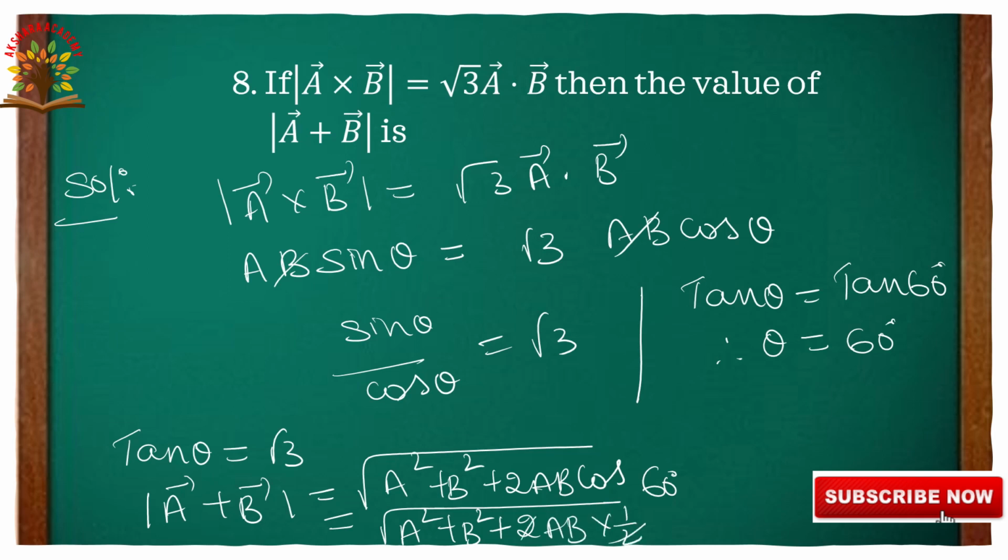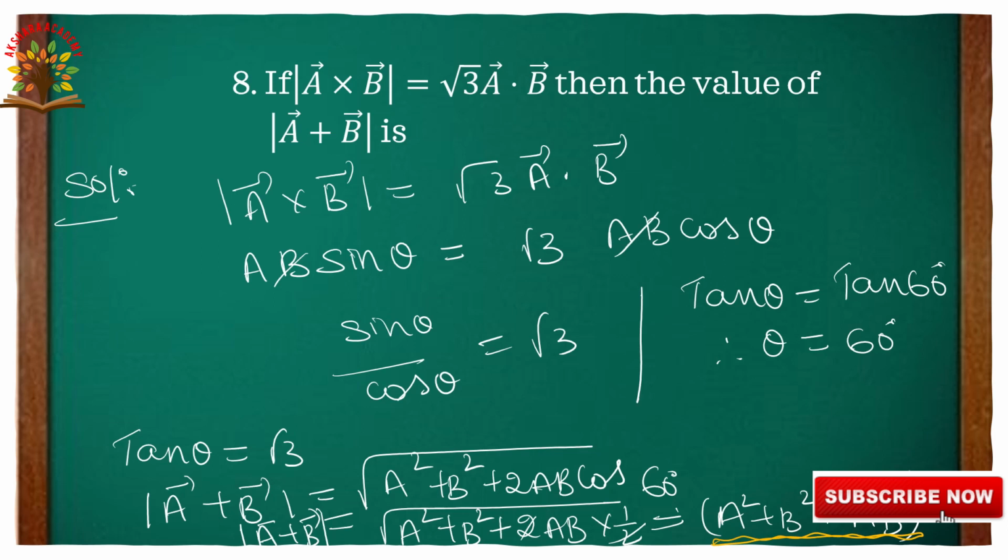The 2 gets cancelled. So the complete value is written as root of a square plus b square plus ab, and the root can be written as whole to the power of 1 by 2. So modulus of a bar plus b bar is equal to, this is the final answer, a square plus b square plus ab whole to the power of 1 by 2.